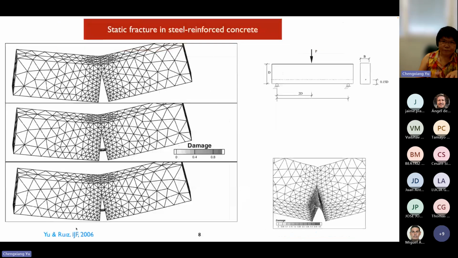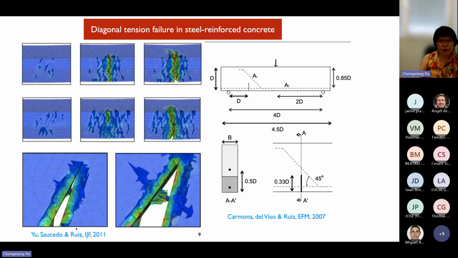This is also some early work that we have done. Now we have not only plain concrete but also a steel rebar. At the interface we use a cohesive element to model the interface, and the bulk elements still have cohesive elements.